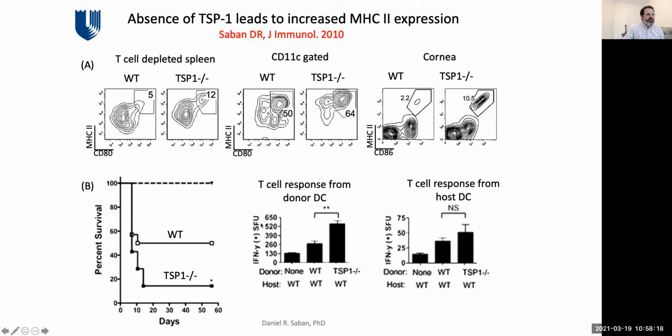I don't want to get into this. Carl, you might enjoy this maybe later on after class, but this is an ELISPOT assay to look at indirect versus direct forms of immune rejection.